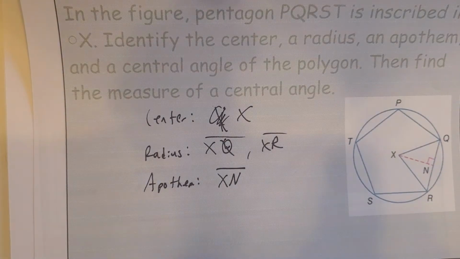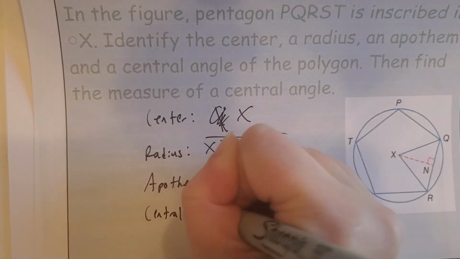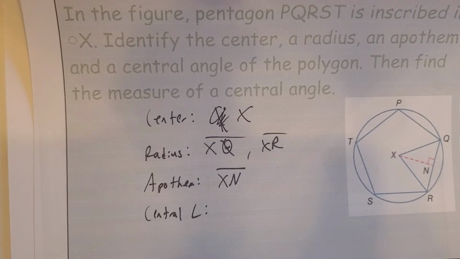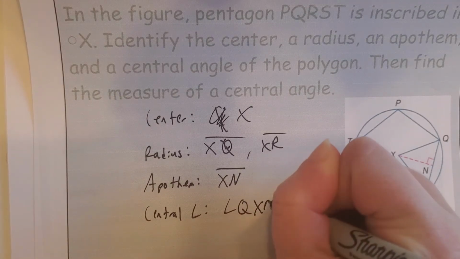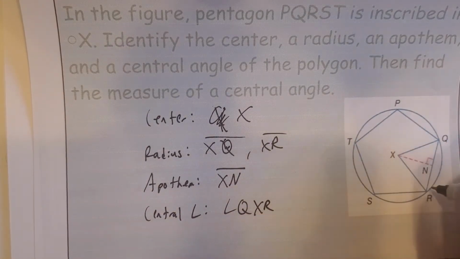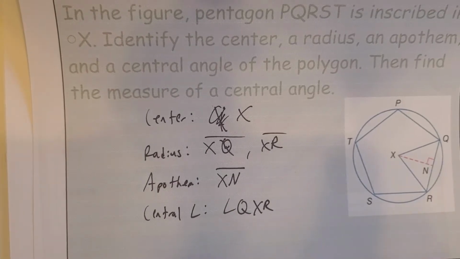All right. What else? A central angle has to have its vertex at the center. So the only one that's pointed out in this picture is angle QXR, from here to here to here. Again, you can draw more if you want.